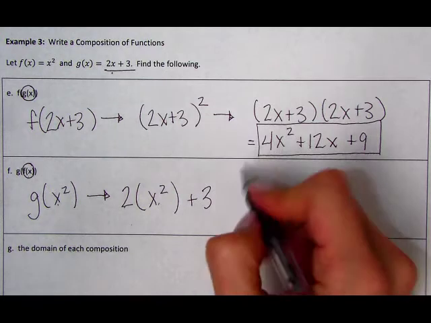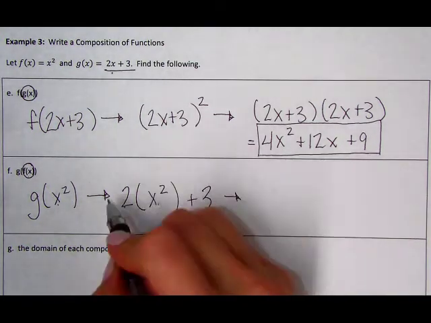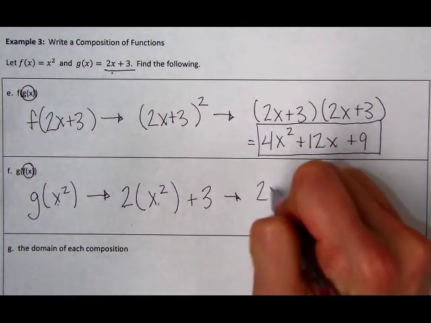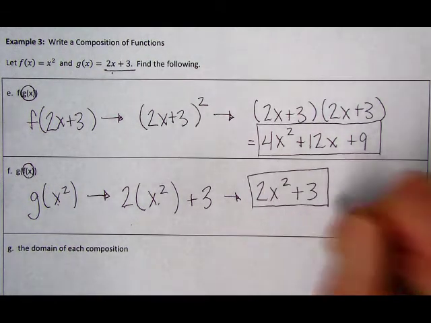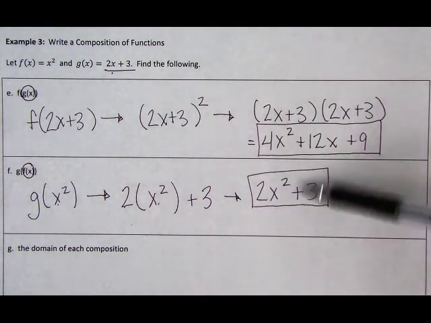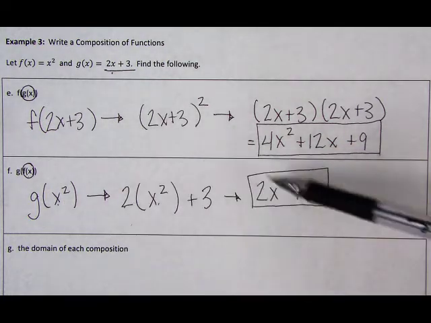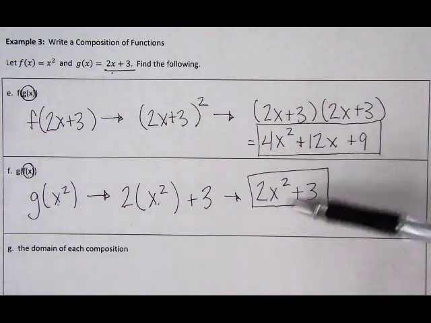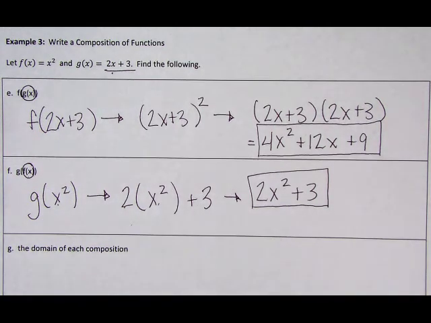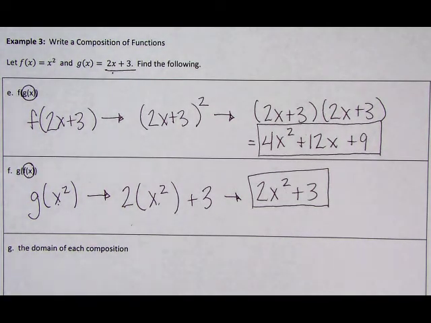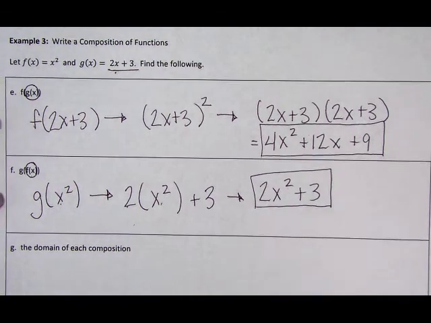I'm only distributing the 2 to this one x squared here, which gives me 2x squared plus 3 as my final answer. Again, I can see that f of g of x and g of f of x are not equal to each other. They give us two completely different functions when we take these operations and simplify them.